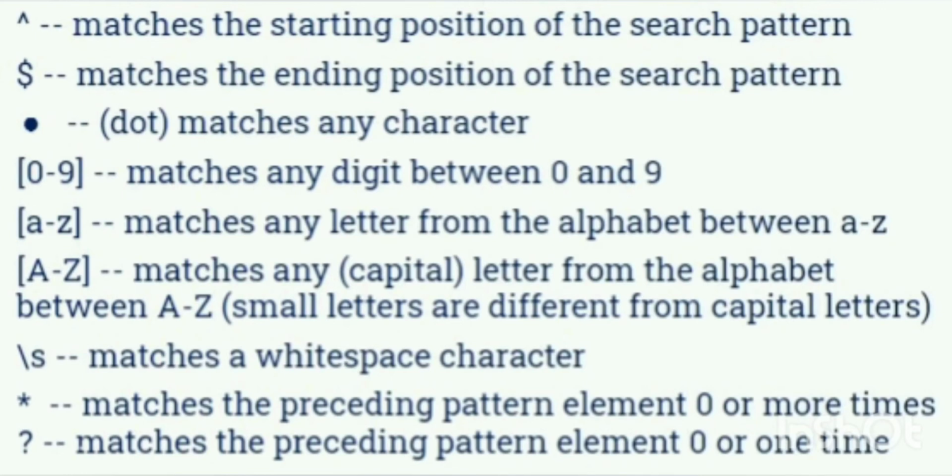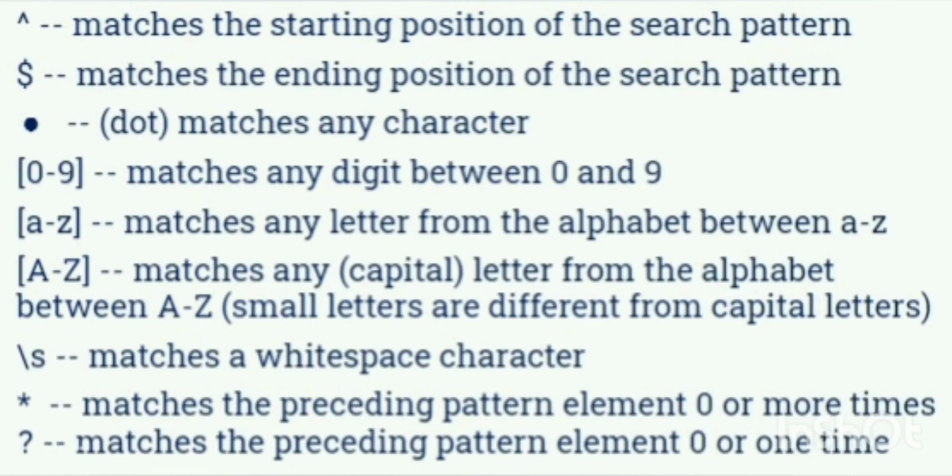Dot matches any character. 0 to 9 matches any digit between 0 and 9. Small a to z matches any small letter of the alphabet. Capital A to Z matches any capital letter from the alphabet between A to Z.